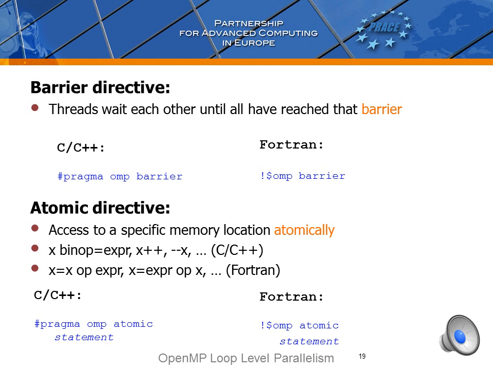For example, in C, C++, it can be in the form of x binary operation equals scalar expression, where binary operation is among plus, minus, times, and so on. In Fortran, it can be x equals x operator expression, where operator can be either arithmetic or logical or intrinsic.